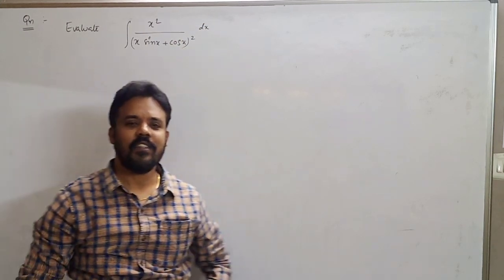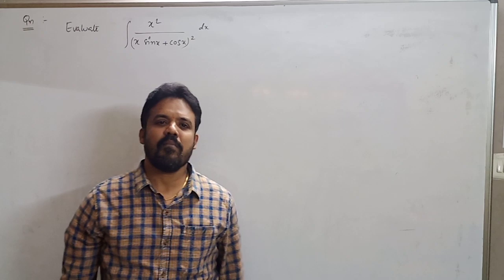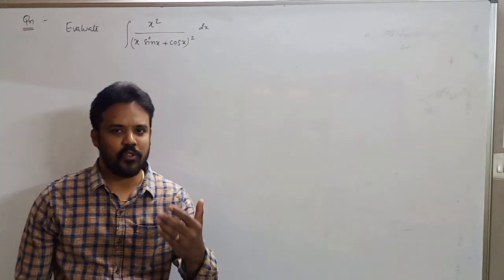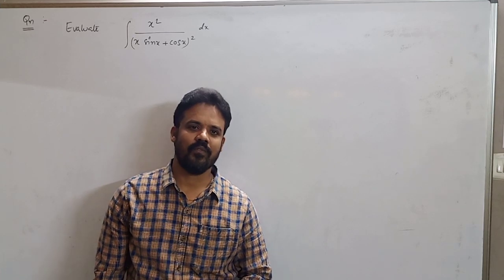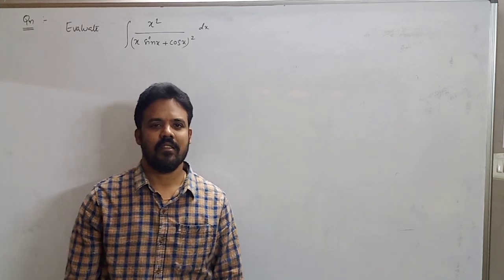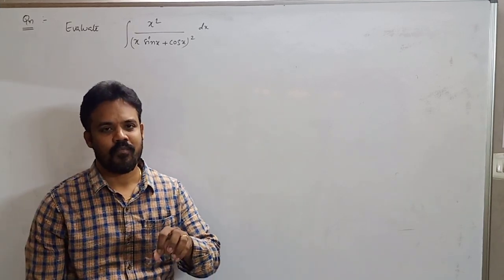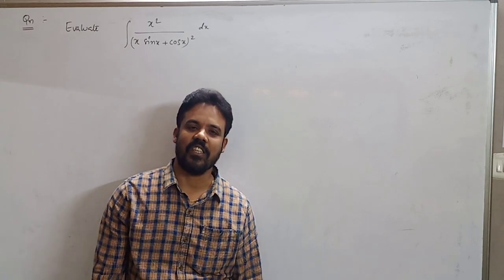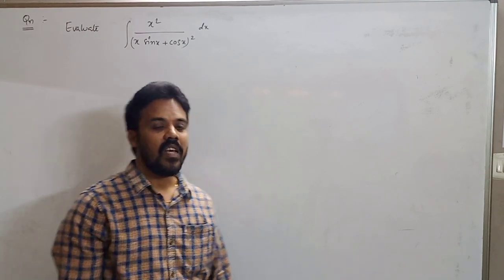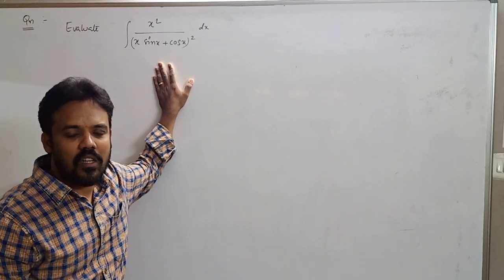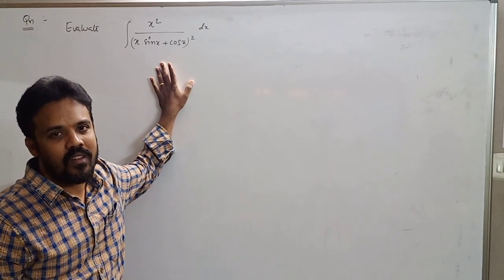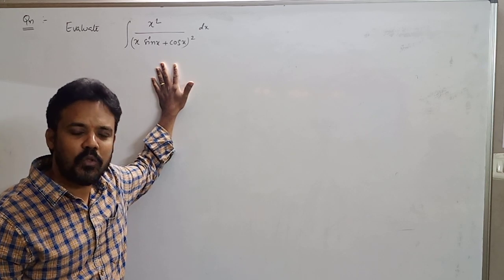See, in integration we have different methods. First using standard formula, second substitution method, by parts, using partial fractions, and the last one using reduction. Now, if you observe x square by x sin x plus cos x whole square, we cannot go directly using substitution.